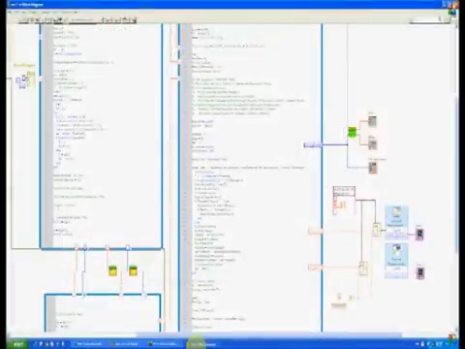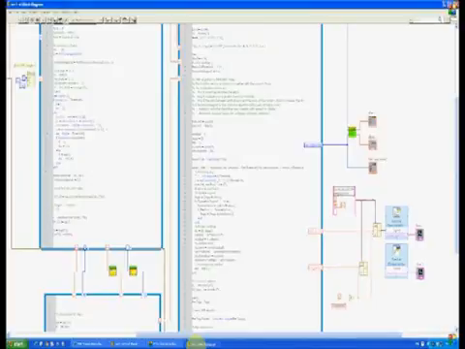We first implemented our reconstruction algorithm with MATLAB script. Here I have the frame construction part, and here I have the algorithm of the OMP part.